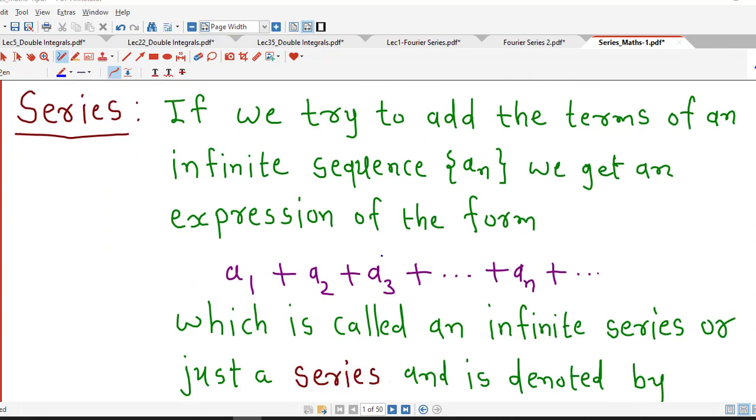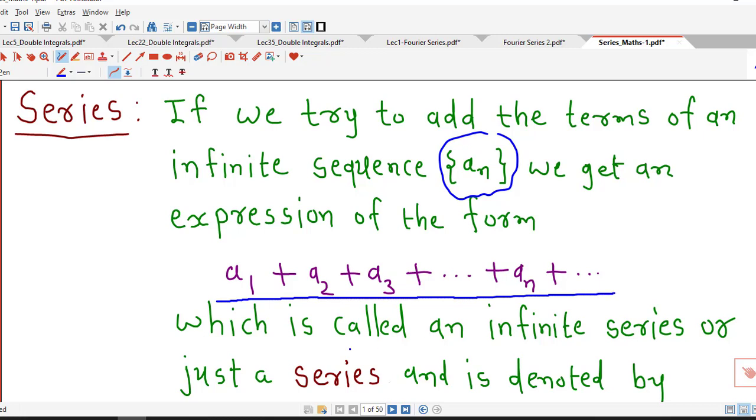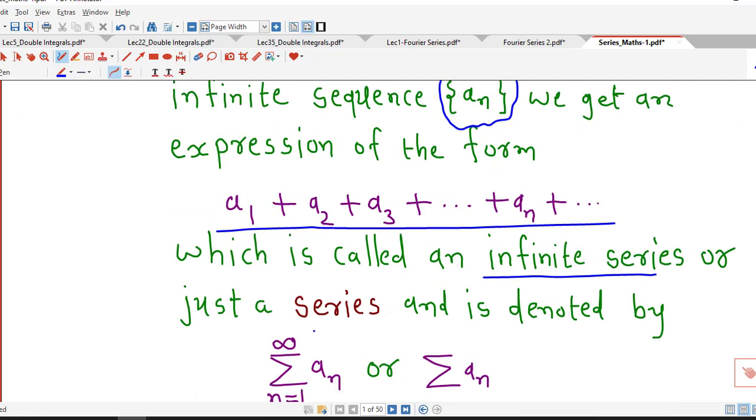As we know, if we have some sequence an, then if we try to add the terms of this sequence an, we get an expression of this form: a1 plus a2 plus a3 and so on. This expression is called an infinite series or just a series.